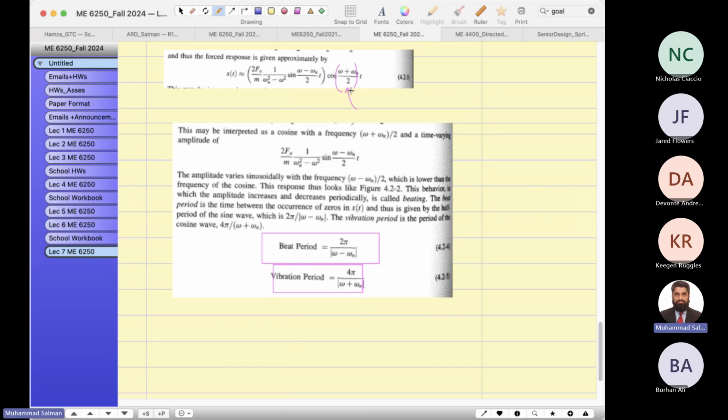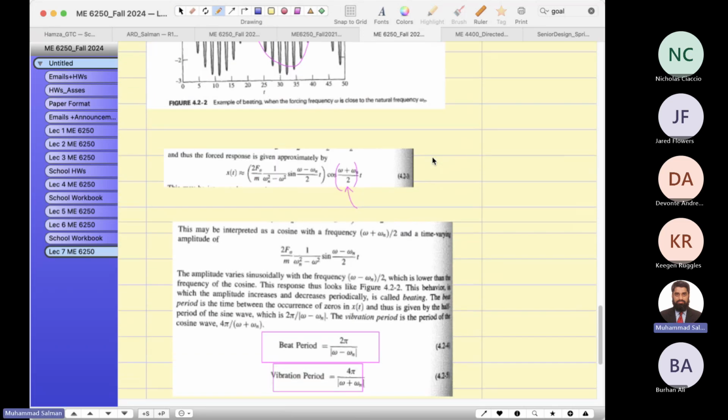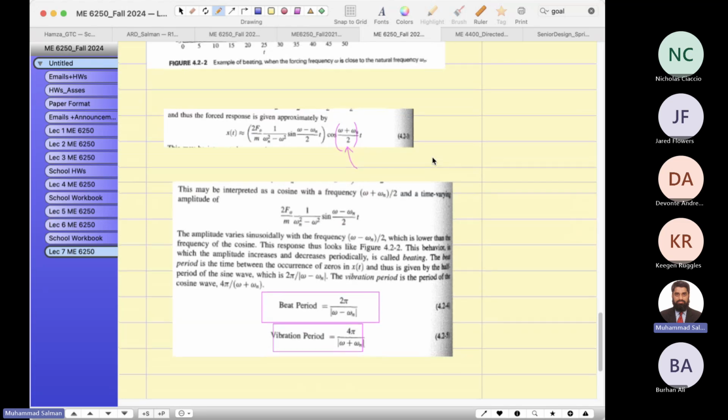This is the vibration period, and this is the beating period.